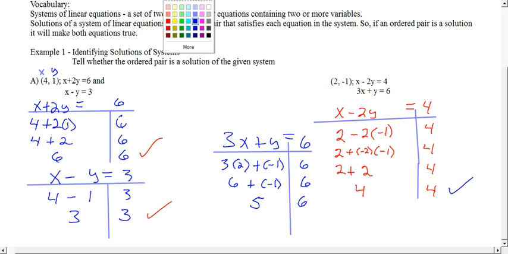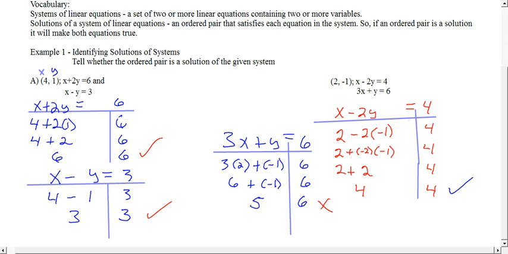So as we can see, the ordered pair (2, -1) is not a solution to this system of equations. Okay, and we found that out on the second one.